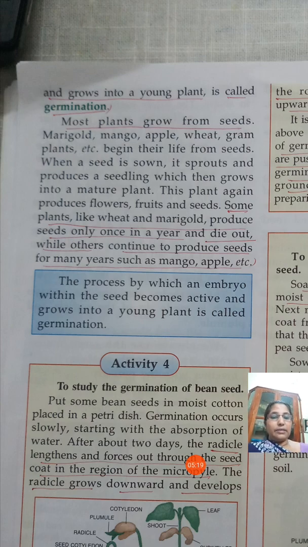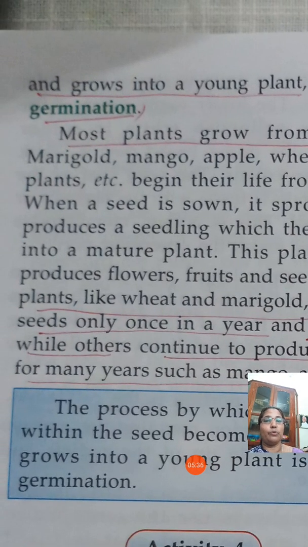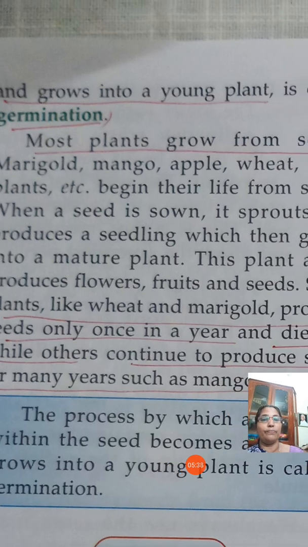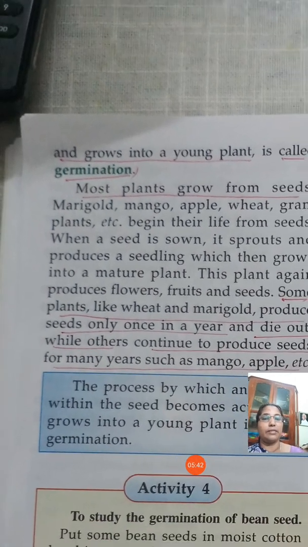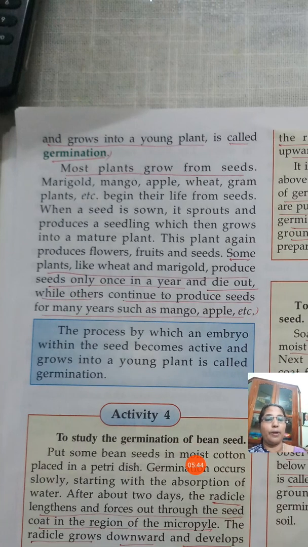You learned that the bryophyllum plant can give rise to new plants from its leaves. But many plants, especially big trees, produce new plants from seeds. Some examples given in the textbook are marigold, mango, apple, wheat, gram, etc.